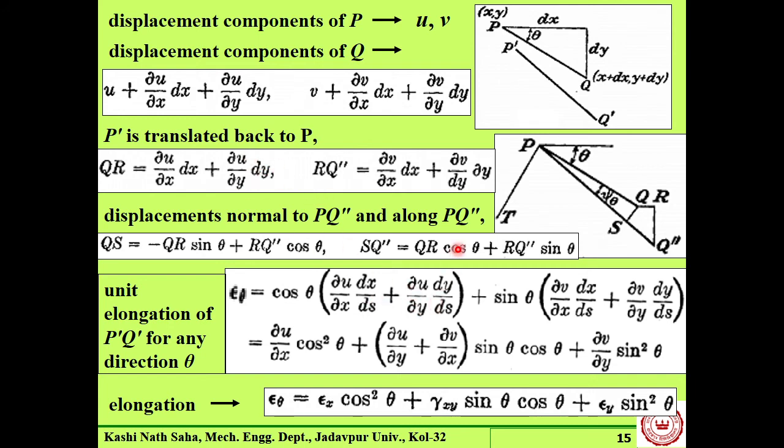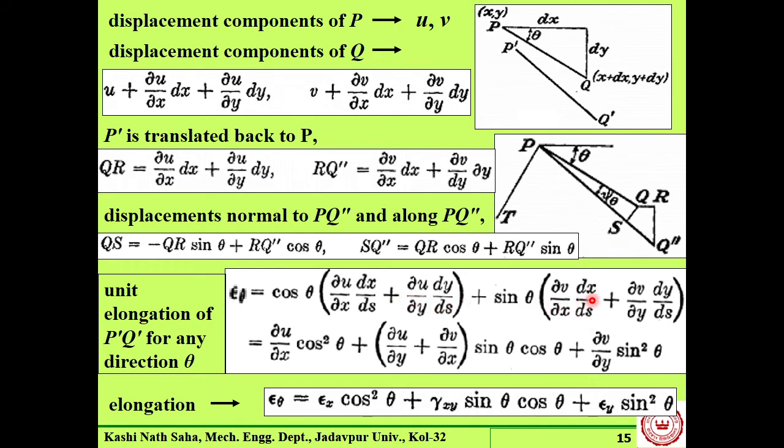This is the cos theta. And the other part is in SQ double prime, we have QR cos theta plus RQ double prime sin theta. So RQ double prime by PQ is del v del x into dx by ds. This much is clear. Yes sir.